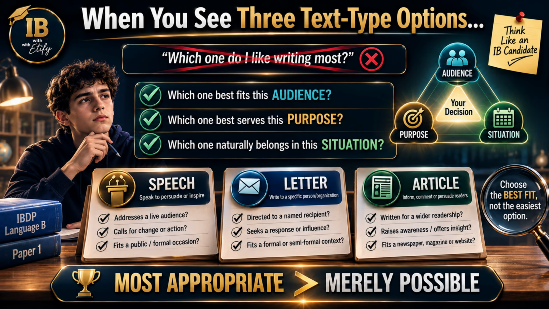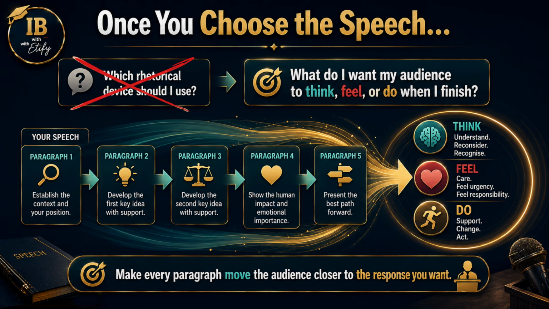So, when you see three text type options in Paper 1, do not begin by asking, which one do I like writing most? Ask, which one best fits this audience, this purpose, and this situation? And once you have chosen the speech, do not begin by asking, which rhetorical device should I use?